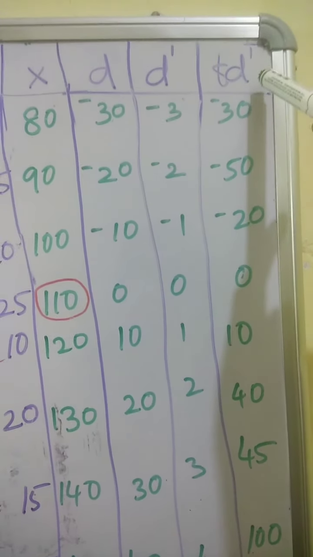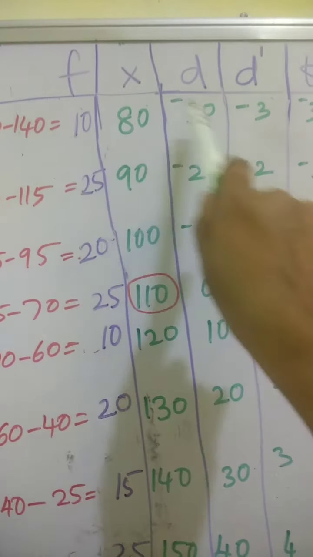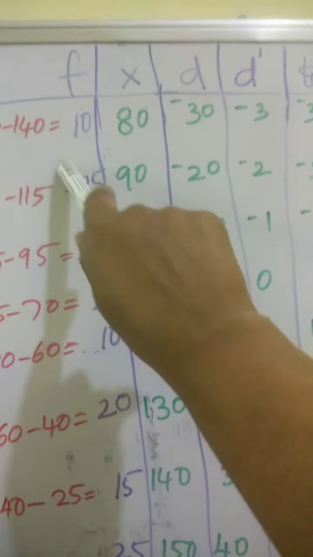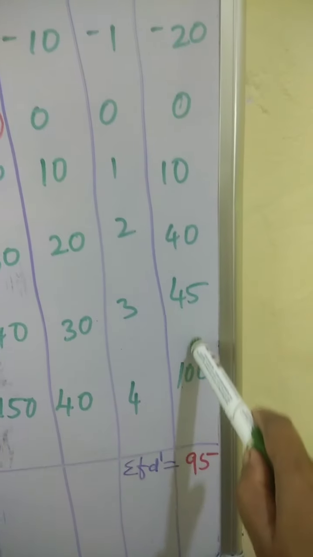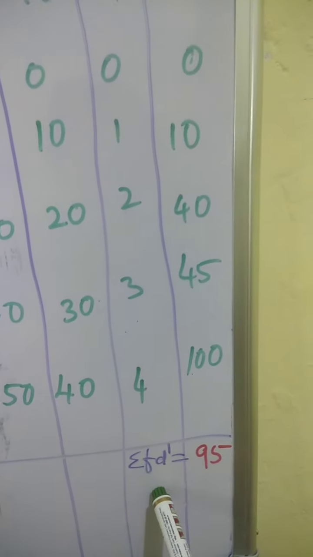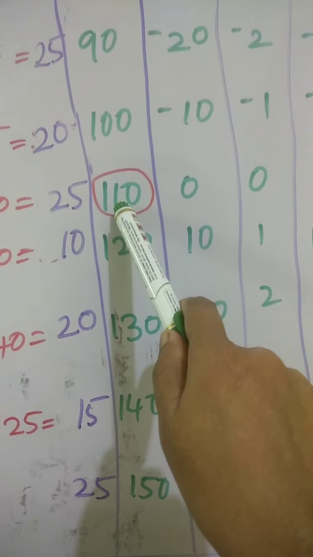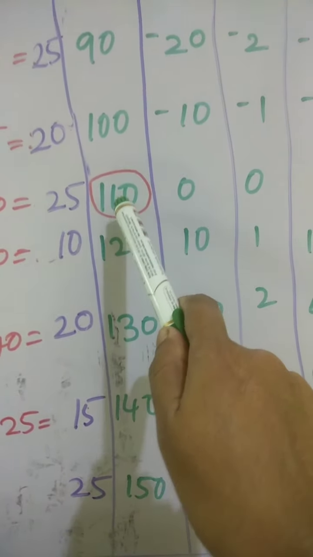So f into d dash: this is the d dash column, this is the f column. So this into this, 10 into minus 3, minus 30. Likewise, find out the f d dash column, and we need the cumulative answer of f d dash. Here it is 95. So we have sigma f d dash 95, a 110, and sigma f 150.